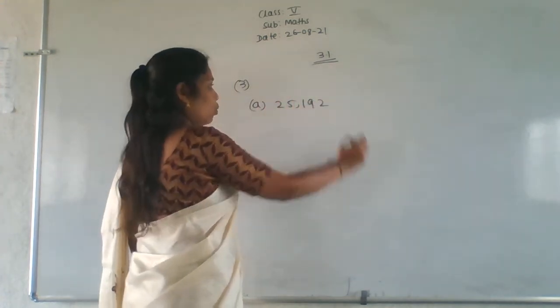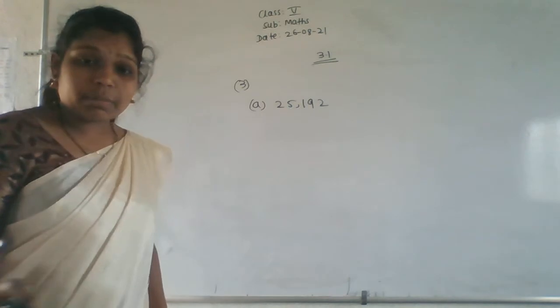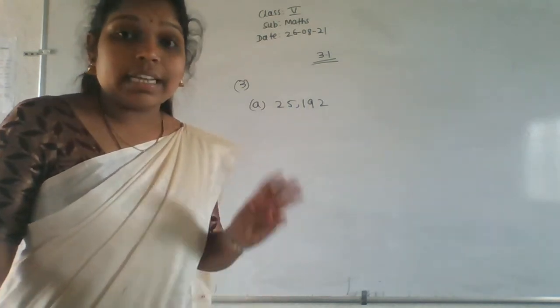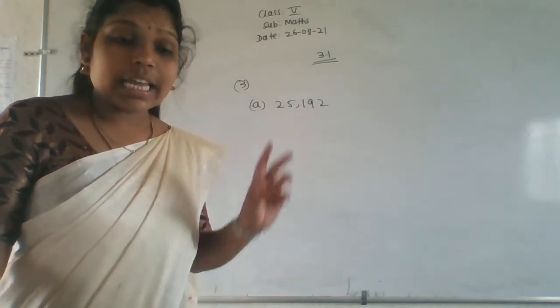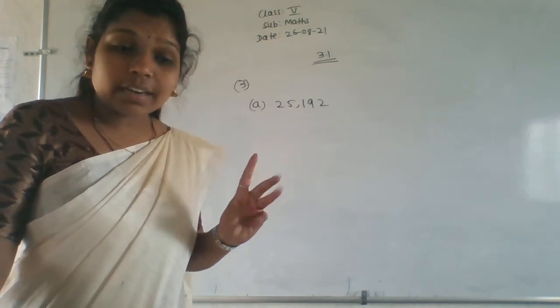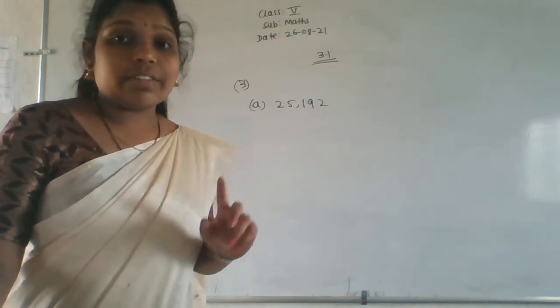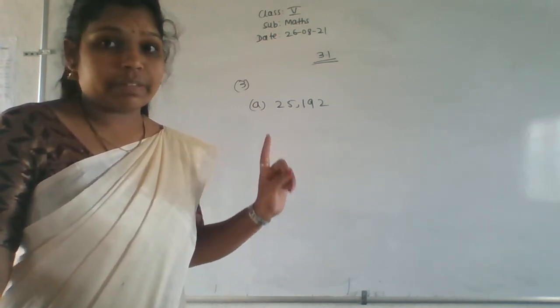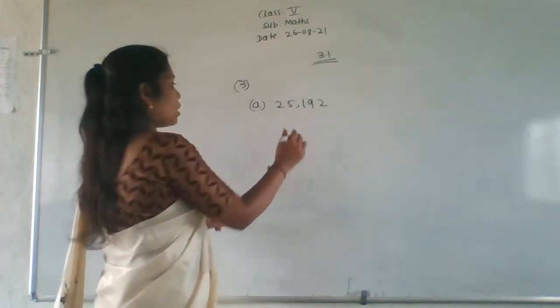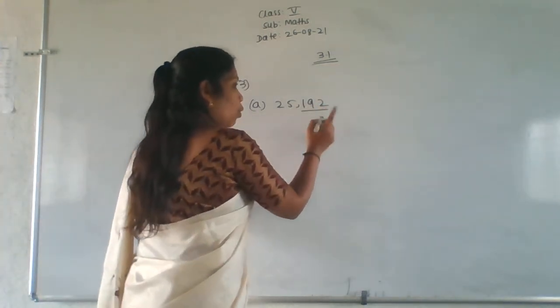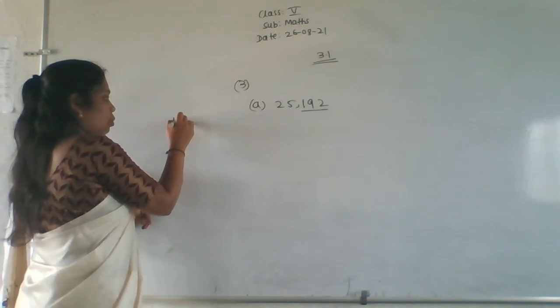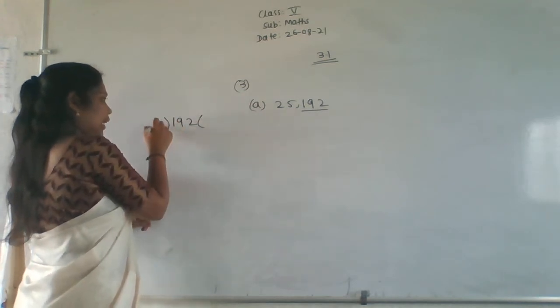So what is the divisible by 8 rule? That means last 3 digits. If last 3 digits are divisible by 8, then we can say that number is divisible by 8. So what are the last 3 digits here? 192.